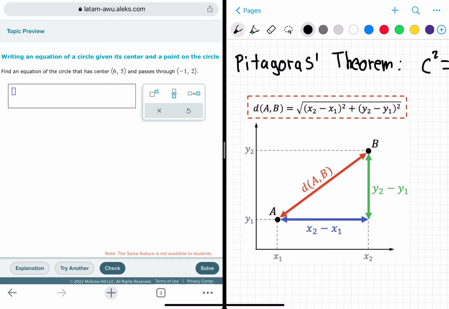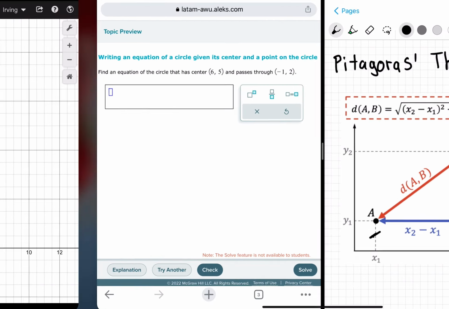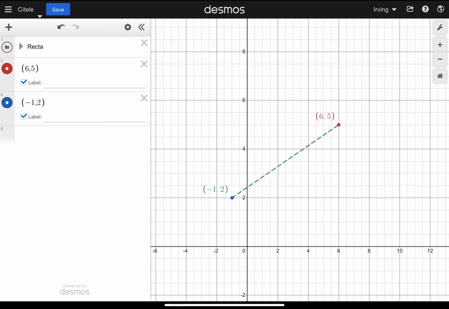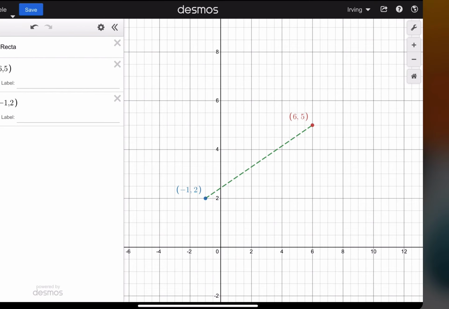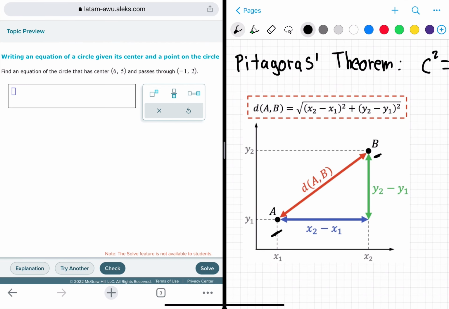Say you have a point A here, say you have a point B, just like we have it here. We have a point A in blue and we have a point B in red. How are we gonna find the distance between those 2 points? Remember, we want to find the distance between those 2 points because that is the value of the radius. So I'm going to apply this Pythagoras theorem.